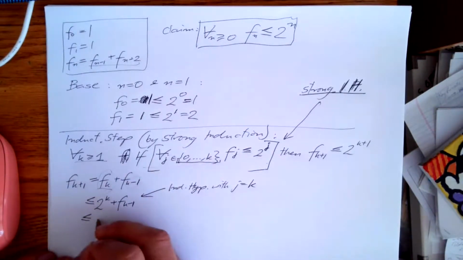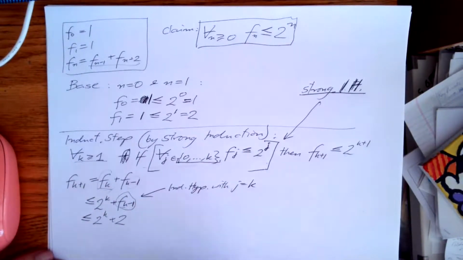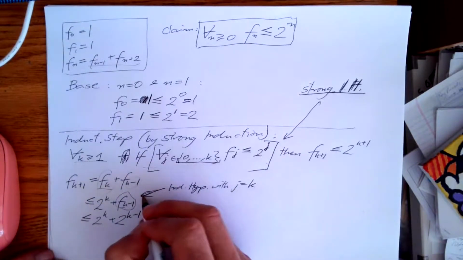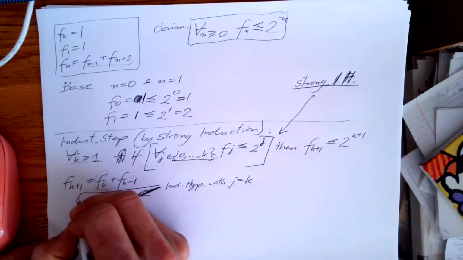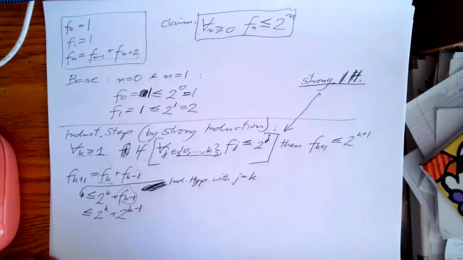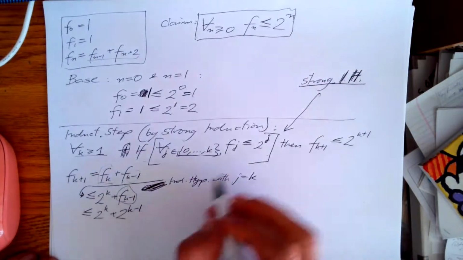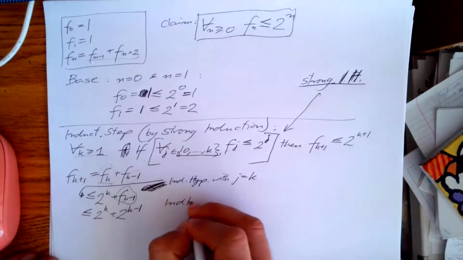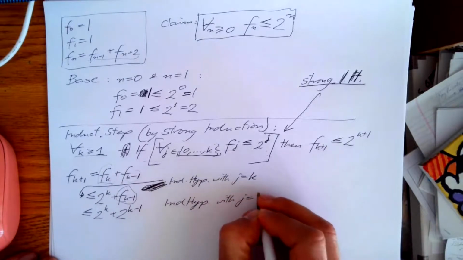Okay, now can we upper bound this guy by 2 to the k minus 1? It's here that I used this inductive hypothesis. Can I use the inductive hypothesis with j equal k minus 1?